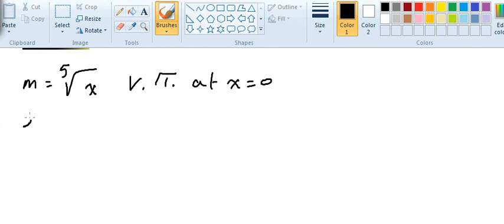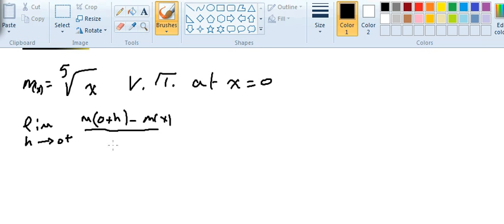This means we have to find the limit as h approaches 0 plus of m of x plus h minus m of x over h.